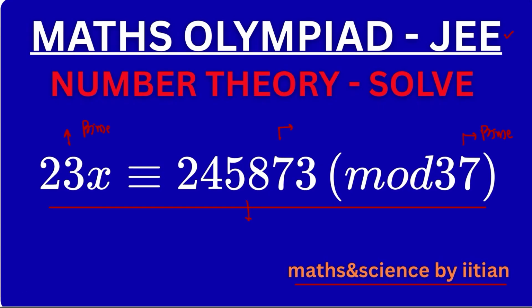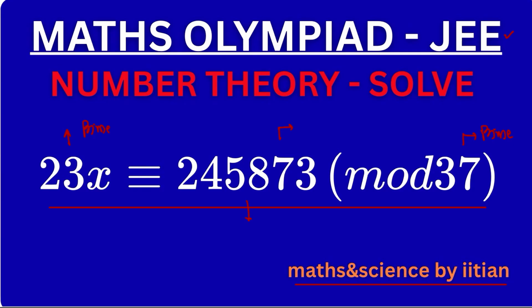245873 is a number that we have to work with. What is 245873? How can we write it? When 23x is divided by 37, 245873 is the remainder.